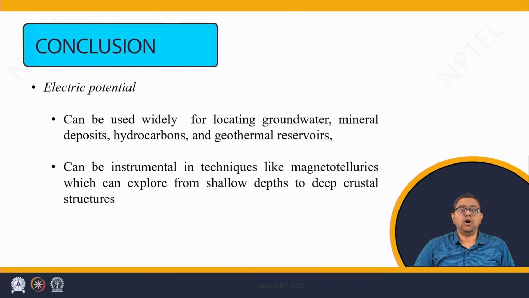Essentially, the potential of the electric field, which is induced by artificial methods in geophysical systems, is used to understand subsurface properties. The mapping is obtained from distortion of this potential due to the presence of anomalous bodies having different electrical properties from the surroundings. Thus, electric potential can be used for various geophysical applications which depend on subsurface bodies having anomalous changes in electrical properties from the surroundings.